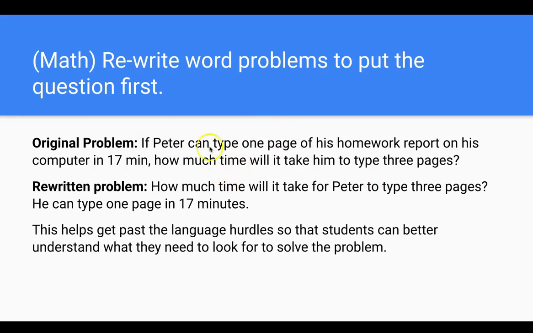He suggested rewriting the problem to put the question at the beginning: How much time will it take for Peter to type 3 pages? Now the EL student knows what's being asked, and then the additional information comes: he can type 1 page in 17 minutes. So there'll be fewer language hurdles if the question is put front and center.